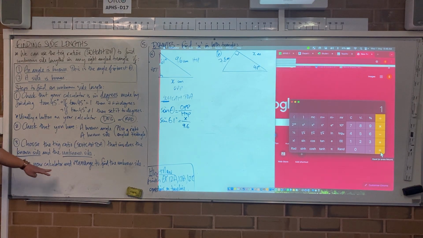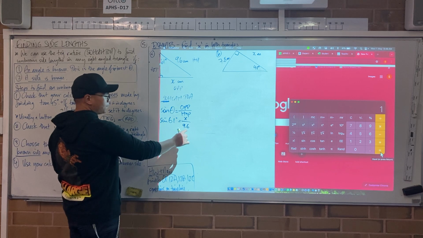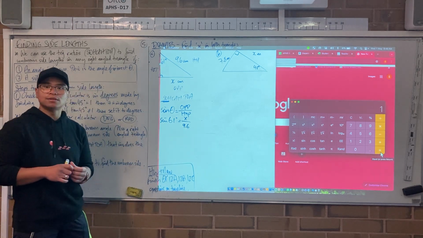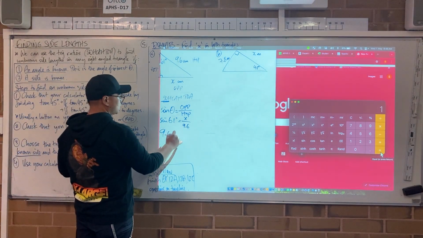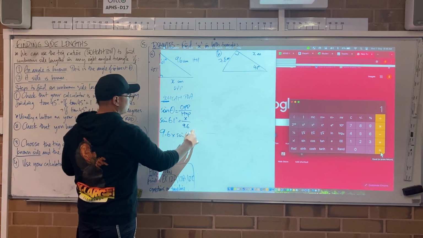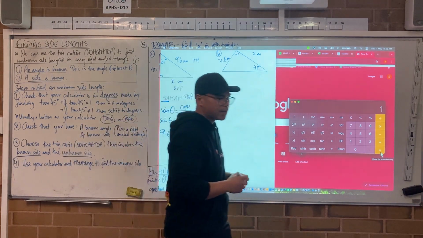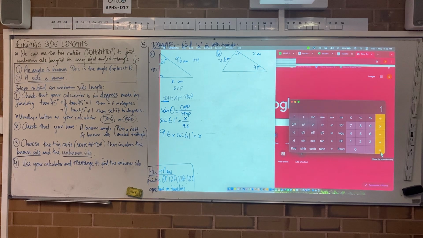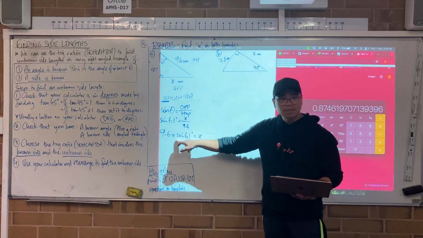So use your calculator and rearrange to find the unknown side. What is the opposite of dividing something by 9.6? Good, so I go 9.6 times sine 61 degrees is equal to x. So now I grab my calculator because you can't work out what sine of an angle is. If you've got the Apple calculator, go 61 sine. So I've just worked out what sine 61 is.